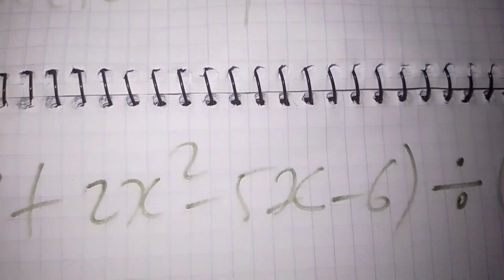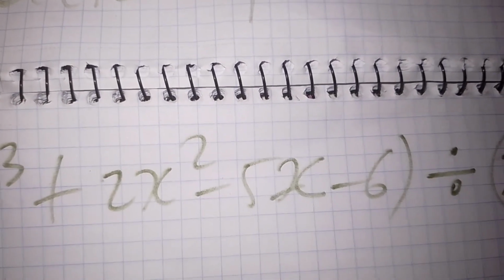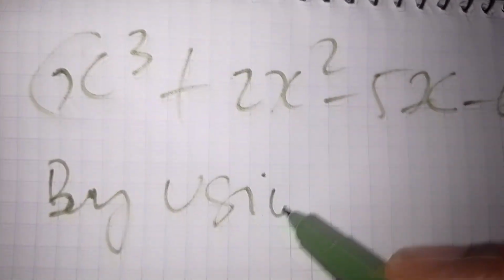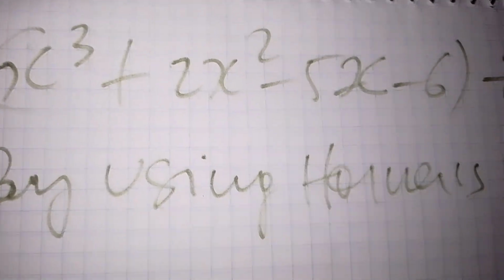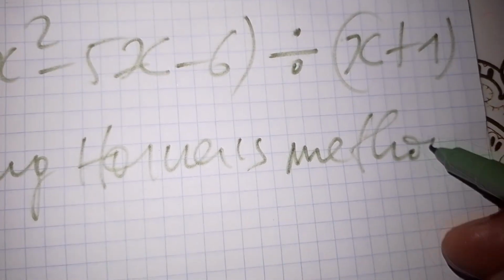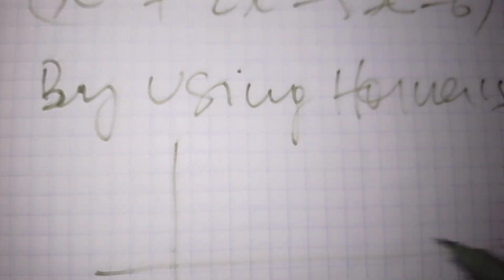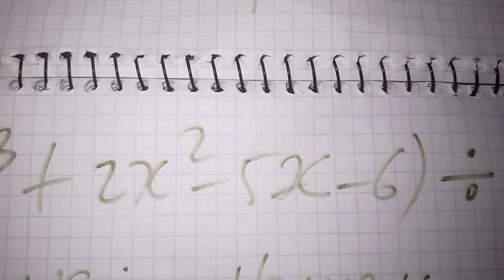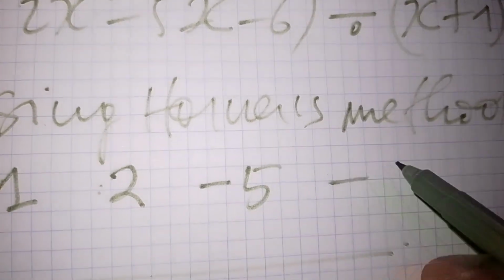Let's use synthetic division, or Euler's method. I'm going to write the coefficients of this polynomial. We have 1, 2, minus 5 and minus 6.